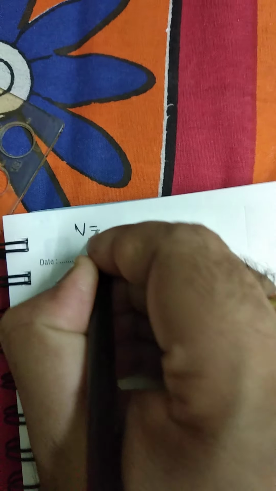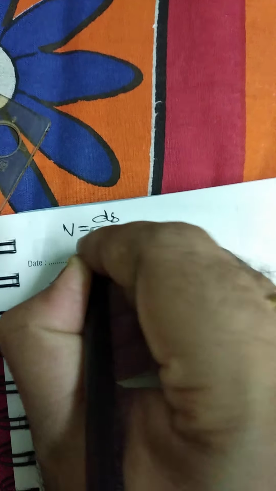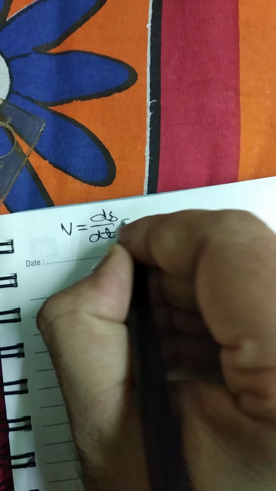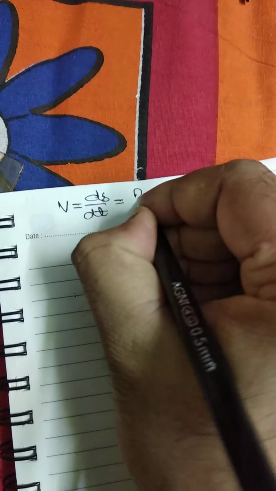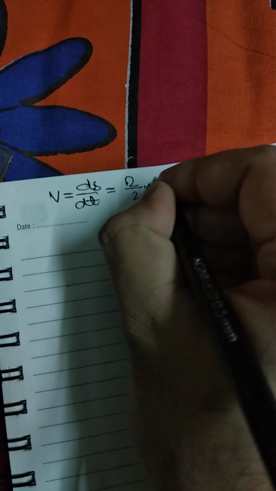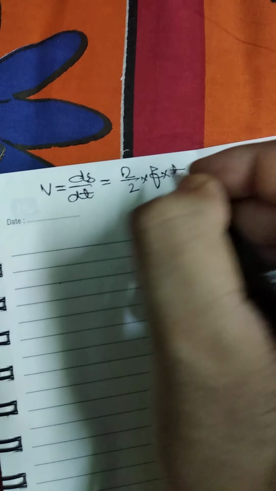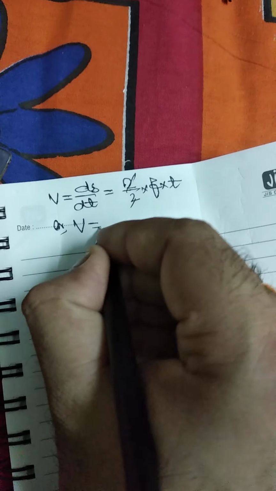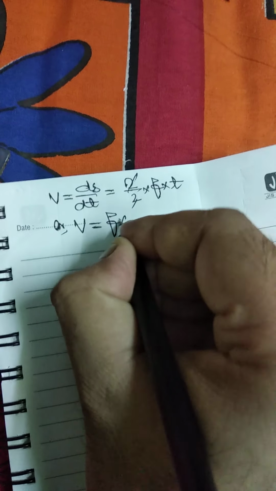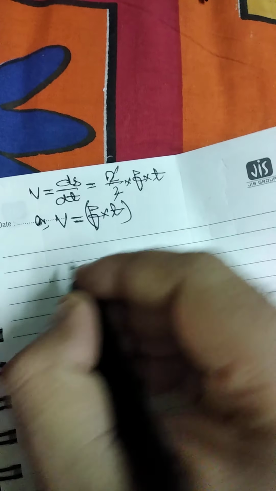Now v equals ds by dt, and from here s equals half f t square, so it will be 2 by 2 into f into t. So 2 will be cancelled out. Now v equals f into t.